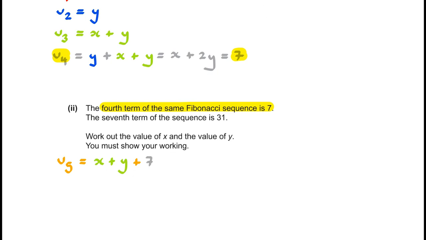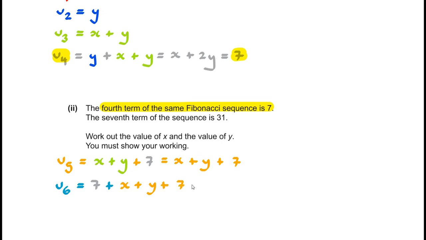So u5 is equal to x plus y plus 7. u6 then is equal to the fourth term, which is 7, plus the fifth term, x plus y plus 7.